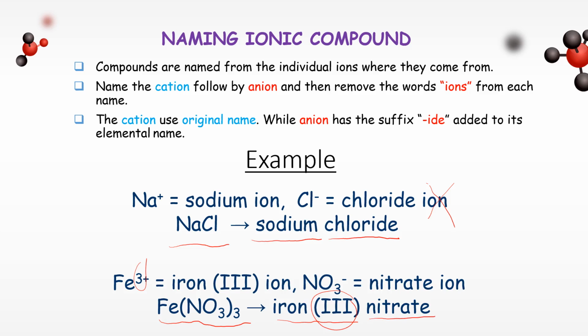We call this compound iron(III) nitrate. We cannot change the nitrate into nitrite because it will form another formula, Fe(NO2)3. This is what we call iron(III) nitrite. So in this case, this is the name for this compound.